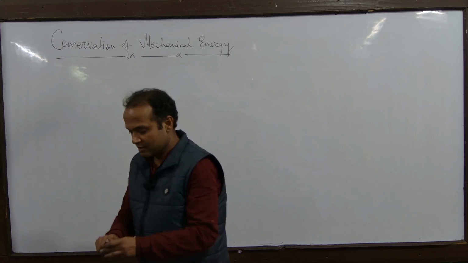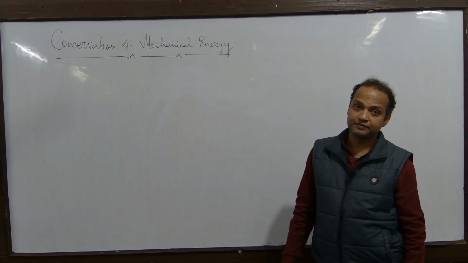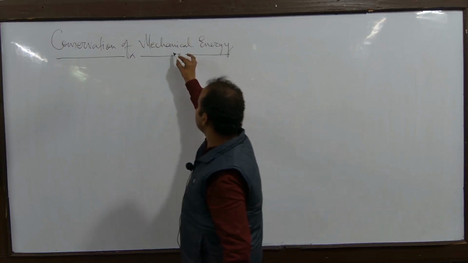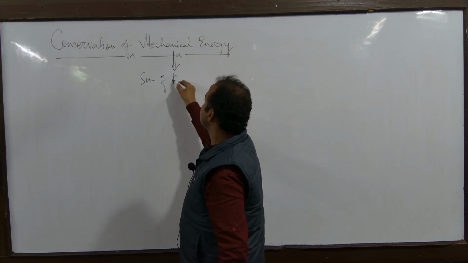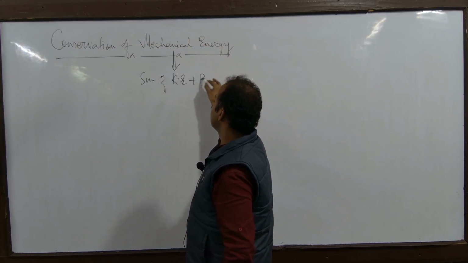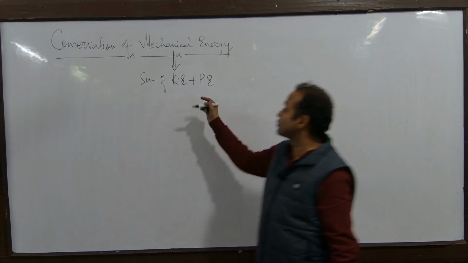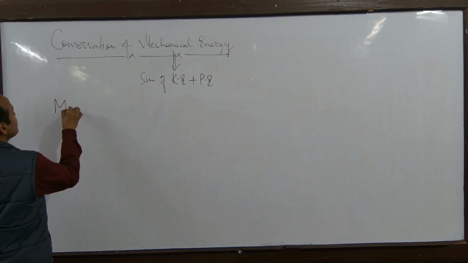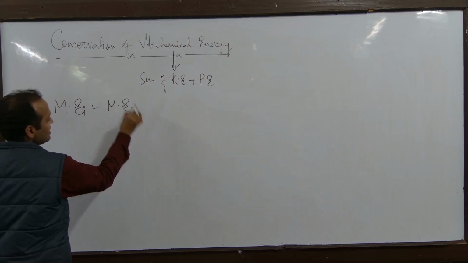Conservation means initial and final values are same. And mechanical energy is nothing but sum of kinetic energy plus potential energy. So mechanical energy initial equal to mechanical energy final.